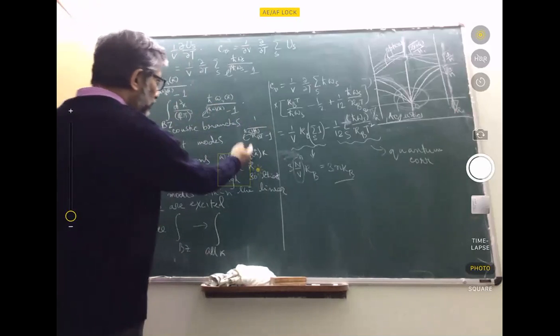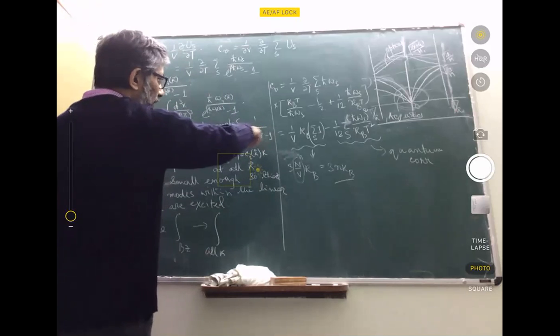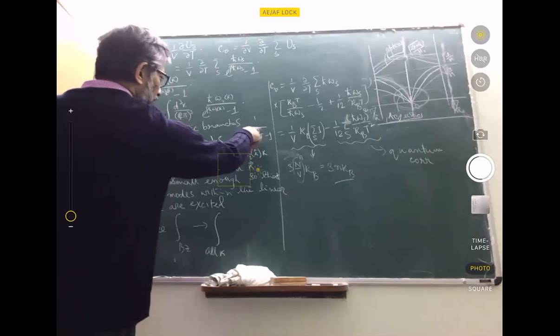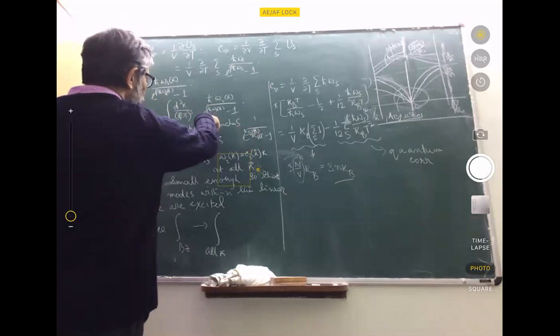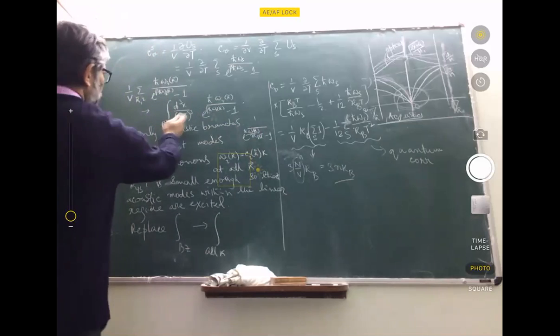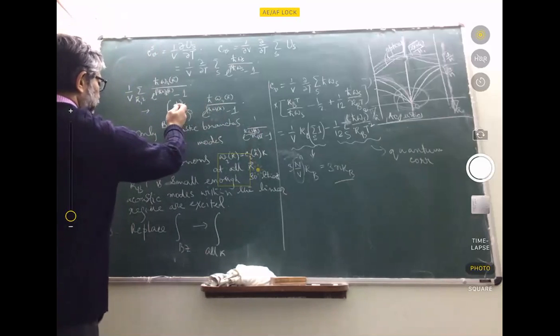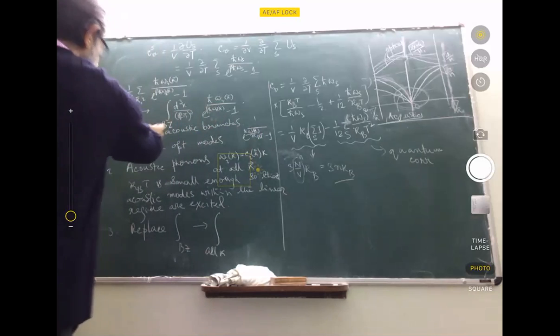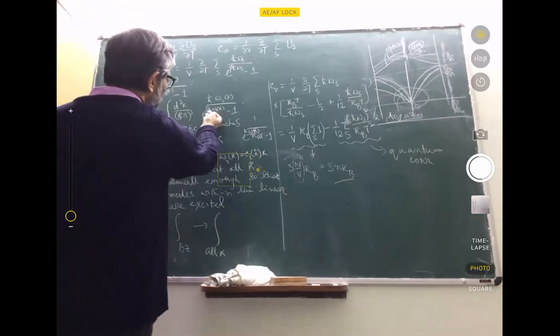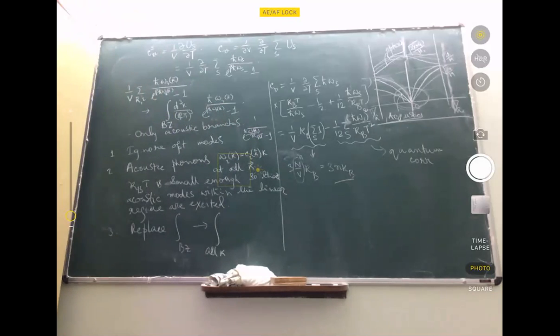So if we include k values where omega is large, even then, because kBT is small, the contribution of those modes would be exponentially small, so that sort of inaccuracy in replacing the integration over the Brillouin zone by one over all of k space will be suppressed exponentially in the limit of low temperatures.